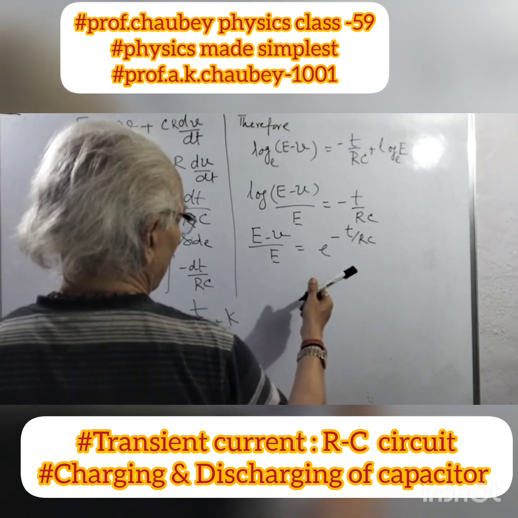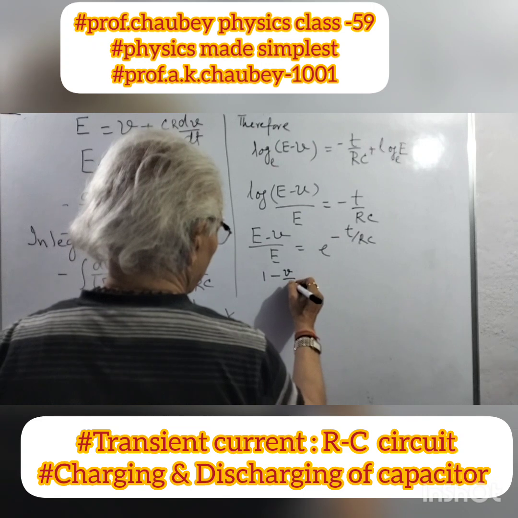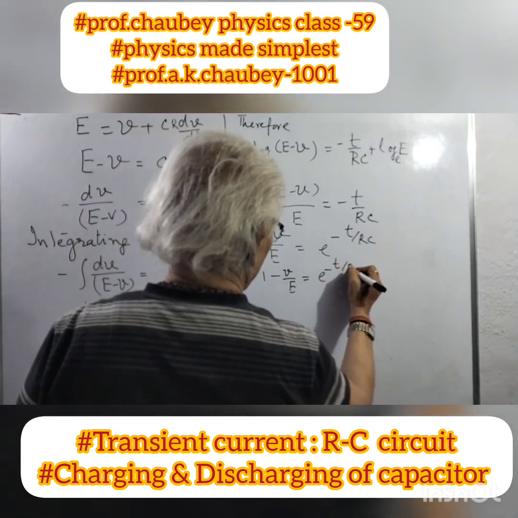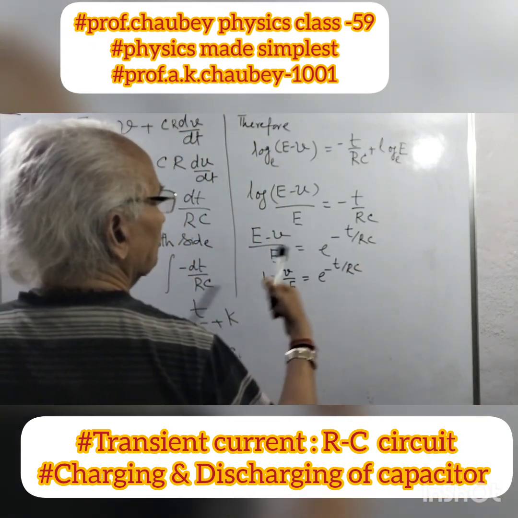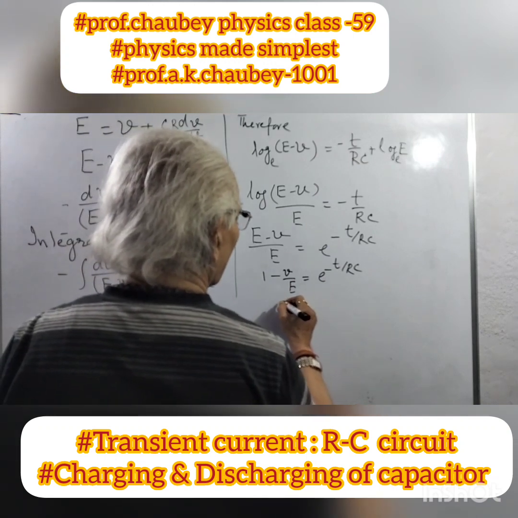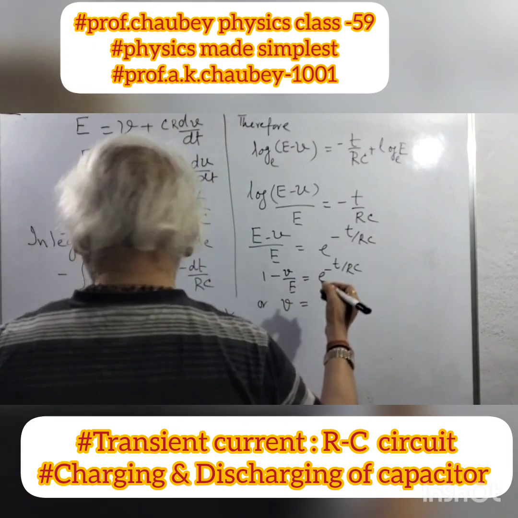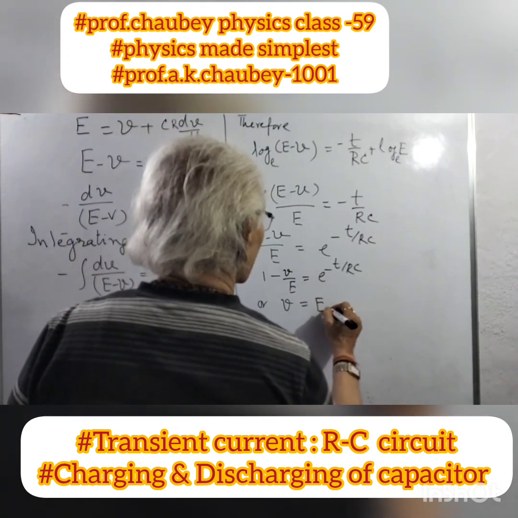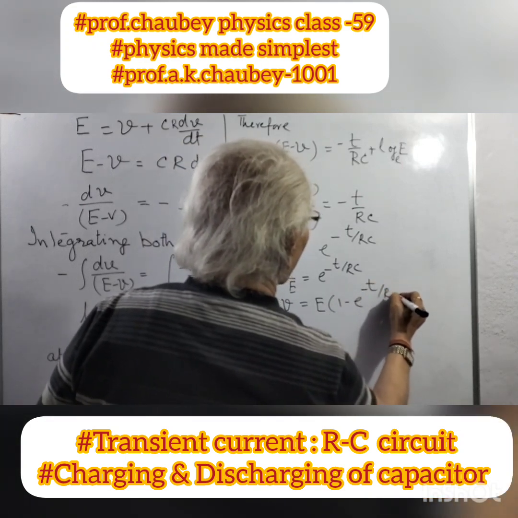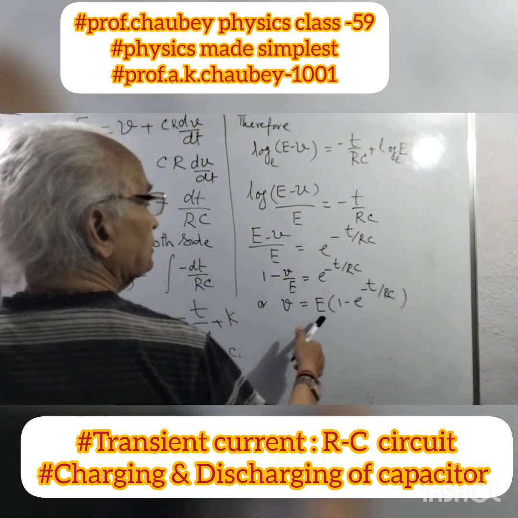So 1 minus V over E is equal to e to the power minus t over RC, or we can write V over E is equal to 1 minus e to the power minus t over RC, or V is equal to E times (1 minus e to the power minus t over RC). That is how the voltage V of the capacitor increases.